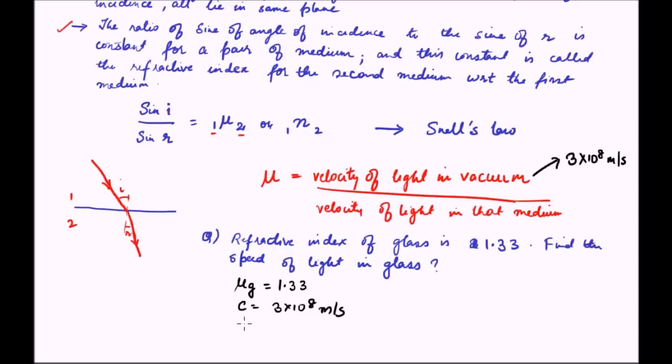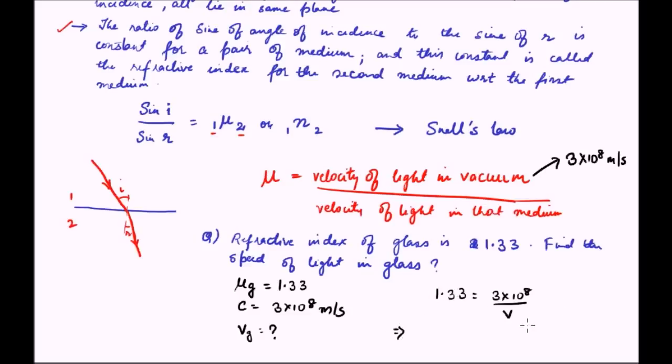What do we need to find? We need to find the velocity in glass. This is asked. So we can directly apply this relation. We can write 1.33 is equal to 3 into 10 to the power 8 upon v, vg or v, velocity of glass.